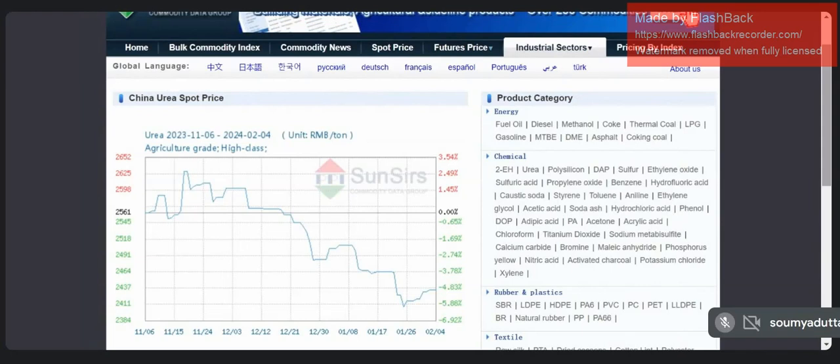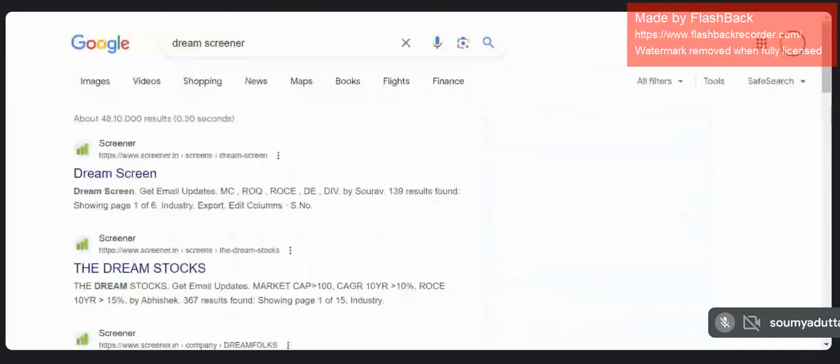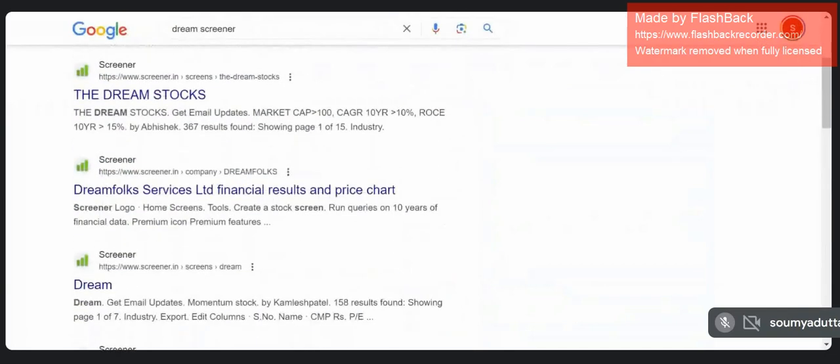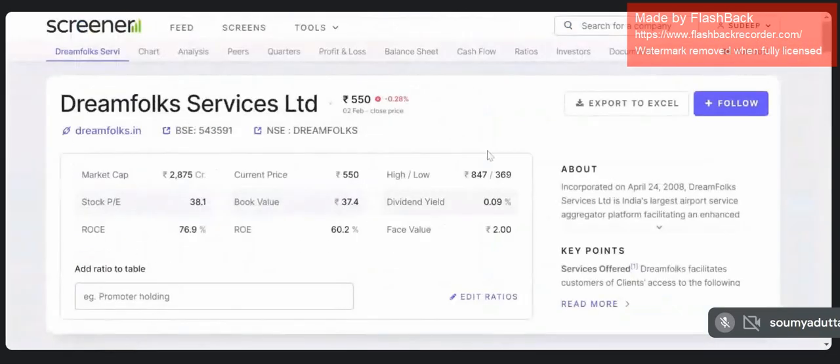Sometimes what happens is that people buy thinking that the company will give good results and the stock price runs away. It goes up. But finally, the results are pretty bad and it crashes. Like the last time it happened with that company, Dreamfolk, I believe that's related to airports. Dreamfolk Services, yes, correct.